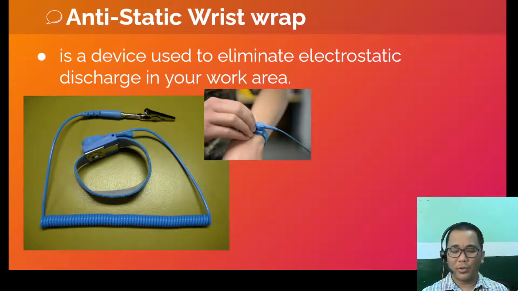Kasi mamaya, pag doon nyo na-discharge sa ating mga components na hinawakan sa computer, may malaking posibilidad na mababasted yun, masisira. Lalong-lalo na yung mga sensitive parts na nasa board or whatever electronic parts na hinahawakan natin. So, we always use the anti-static wrist wrap.